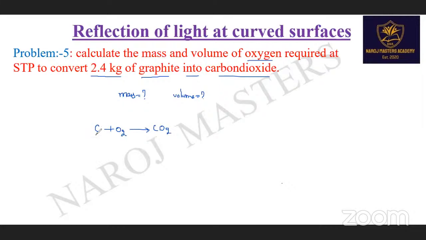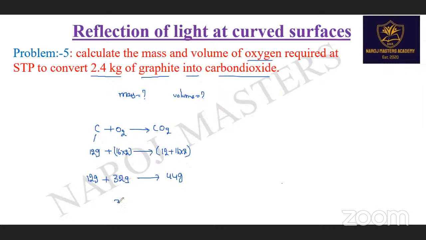What is the atomic mass of carbon here? 12 grams. Oxygen is 16, 16 into 2, gives 12 plus 16 into 2 grams. So 12 grams plus 32 grams gives 44 grams of carbon dioxide.